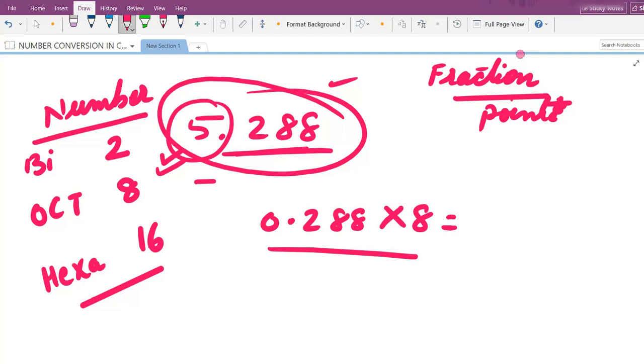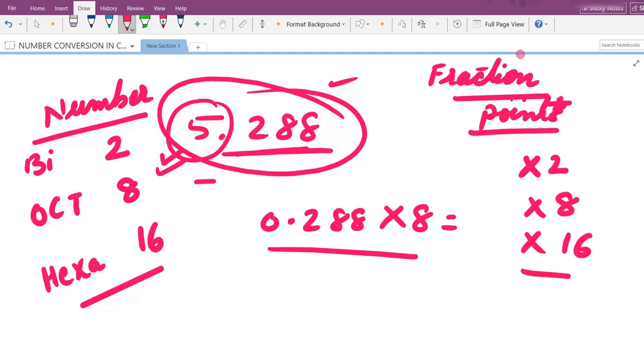Now remember, if it is a binary fraction like this, you multiply by 2. If it is octal, you convert the fraction this way, and for hexa you do it like this. So this is the pattern. Please remember one pattern, and then the other patterns will be very easy for you.